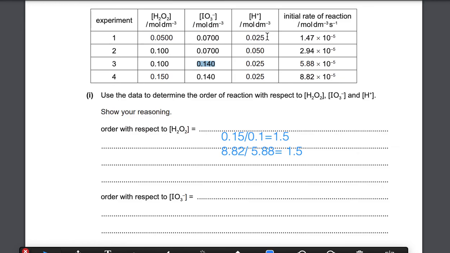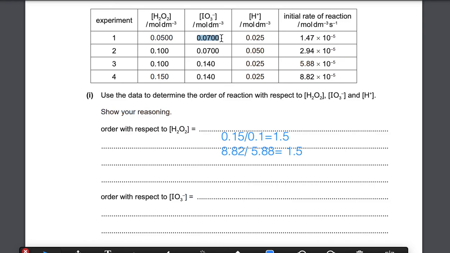So we'll see the ones where the hydrogen ion is constant. In 0.07 and 0.14 this is not constant, and for the first and the third one it remains constant, right? So how about we divide 0.14 by 0.07?